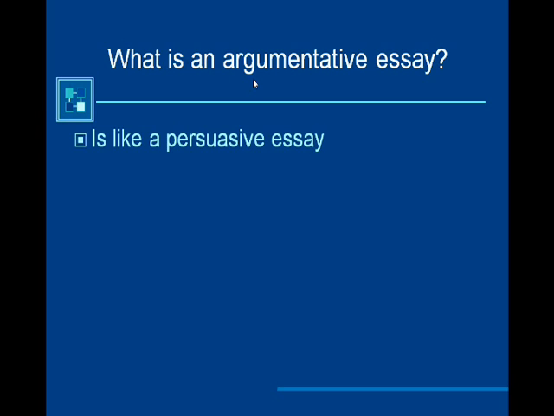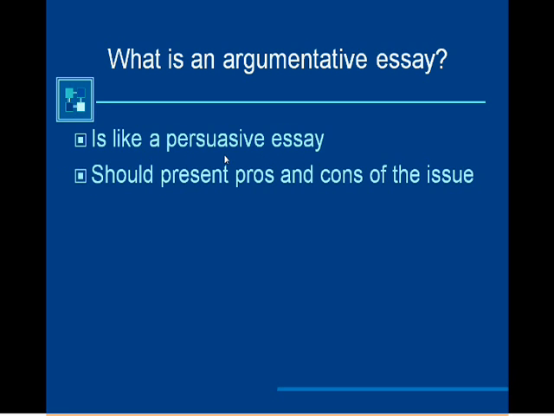So, what is an argumentative essay? Of course, an argumentative essay is like a persuasive essay. And as I said now, persuasive means you try to persuade the reader, the person who's reading your essay, with your own opinion. Either you are for the topic or against the topic. We call that a persuasive essay, or in another word, an argumentative essay.